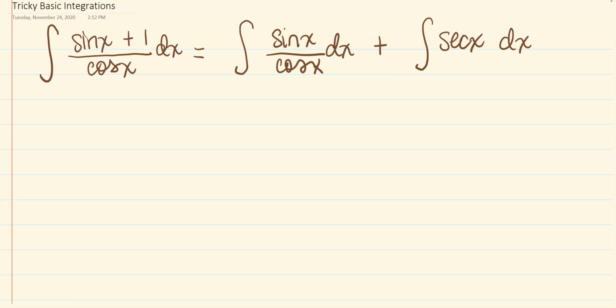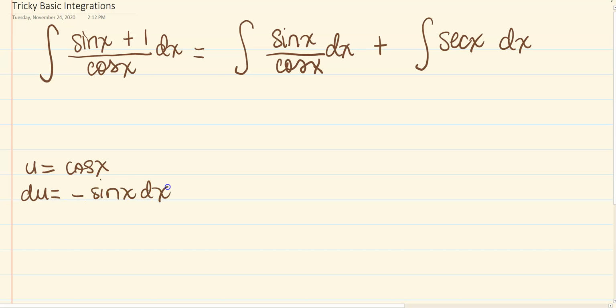Now for the first integral, the integral of sin x over cos x, I would say let u be cos x. So then du would be negative sin x dx. So that integral will become the integral of negative 1 over u du, which equals negative ln of absolute value of u plus c.